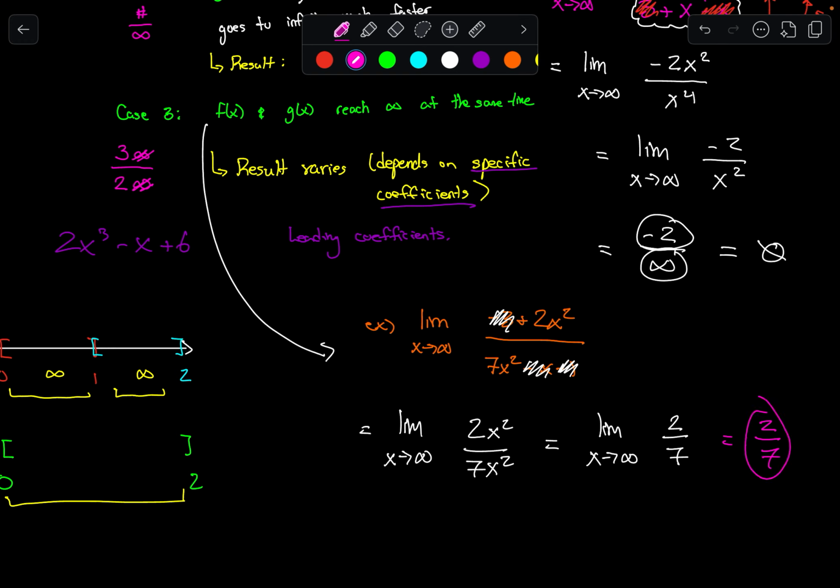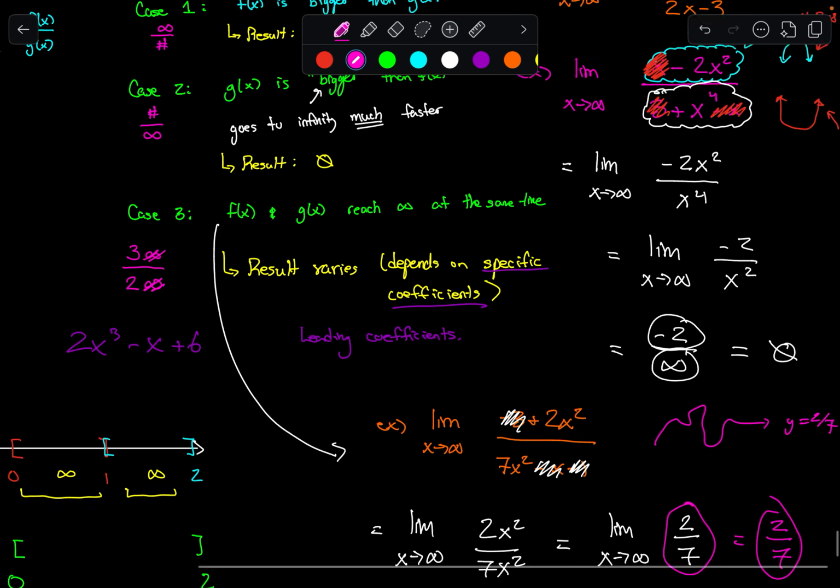Our answer here is 2/7. What is the limit of 2 over 7 as x approaches infinity? There is no x to change the value of this, so the answer is just 2 over 7. So we'd expect that in the long run, whatever this graph is, it could be super wild, but it's going to level out at y equals 2 over 7.